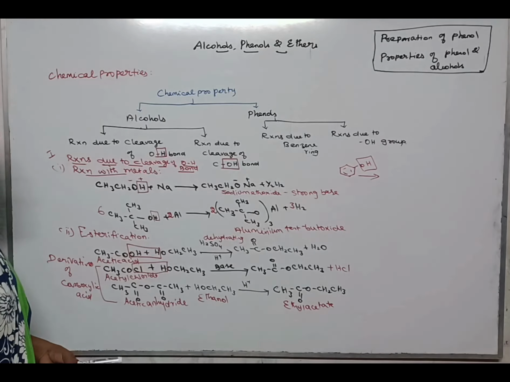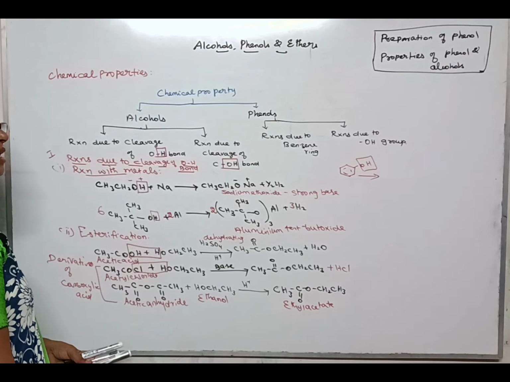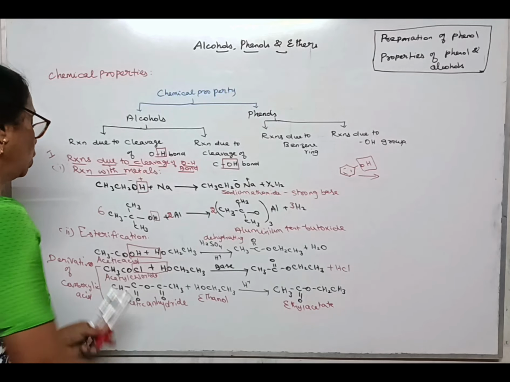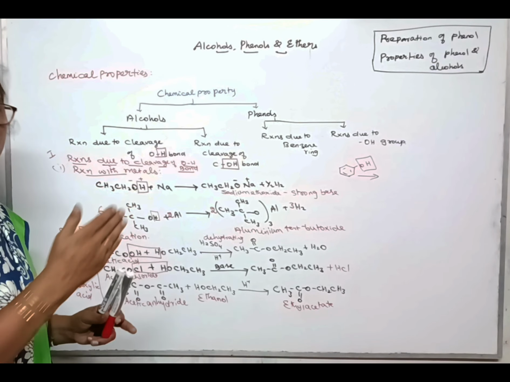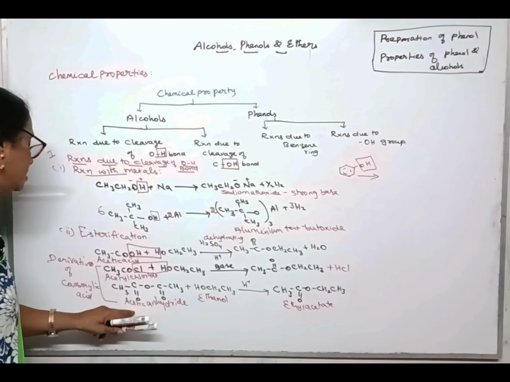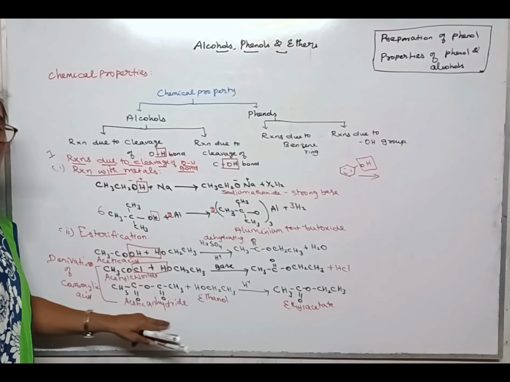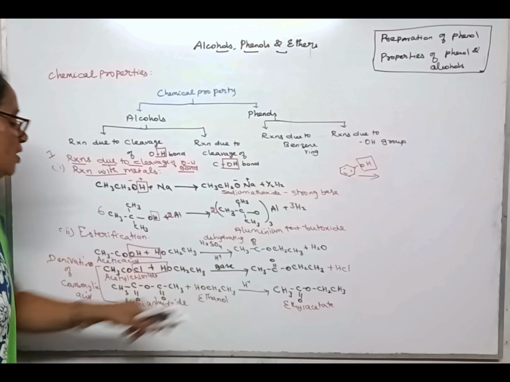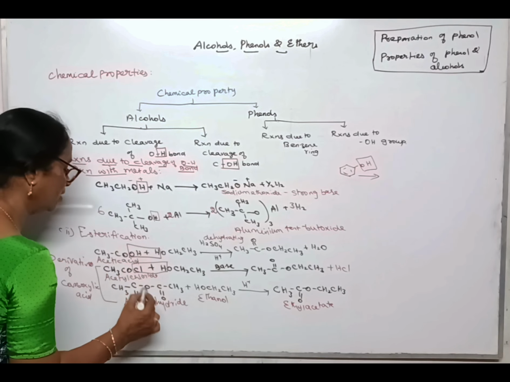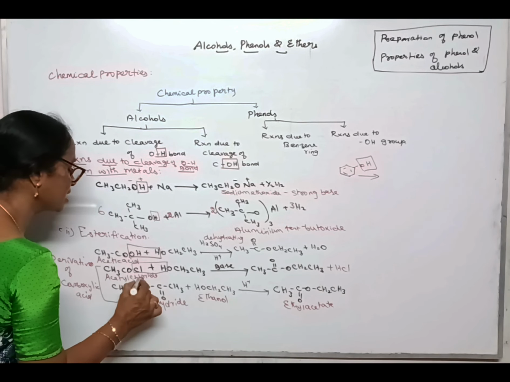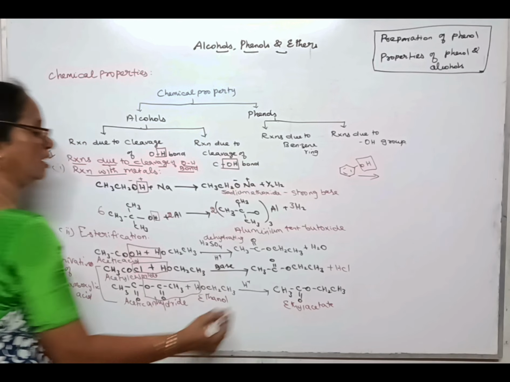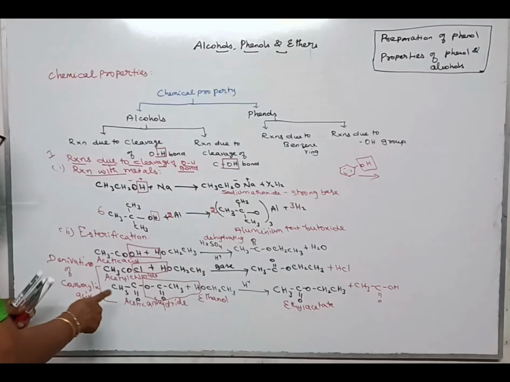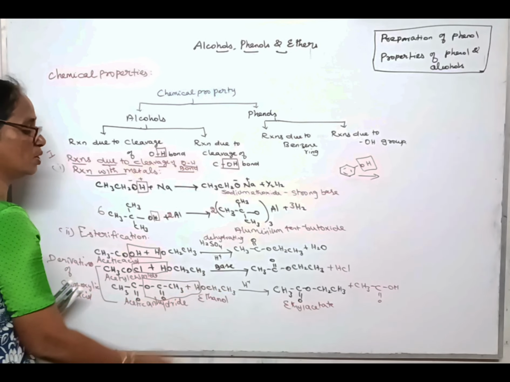Similarly, with acetic anhydride, anhydride means no water. So, when two molecules of acetic acid undergo condensation, a molecule of water is lost, and hence the product is said to be acetic anhydride. When it is treated with ethanol, once again we find the formation of this group, CH3COOH is left, and the rest of the product is CH3COOCH2CH3.